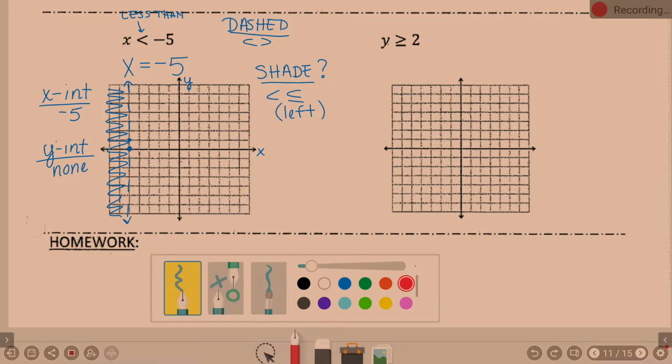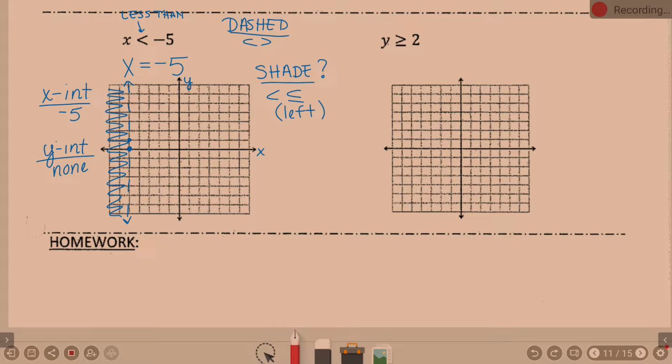And the next one is basically the same thing. You go over to the 2 and then you put a dot. Hold on, I'm not sure you're 100% on the right track here. It is very much the same, but what's different? It's on the y-axis. It says y equals 2 instead of x, right?